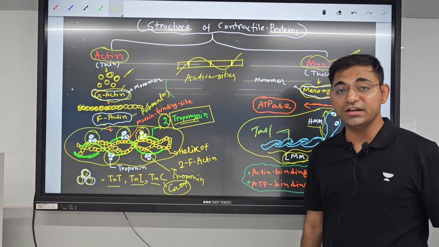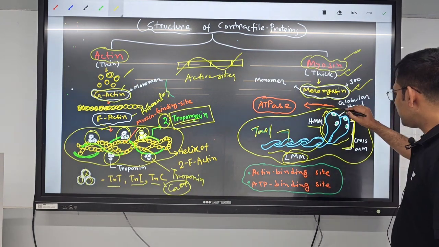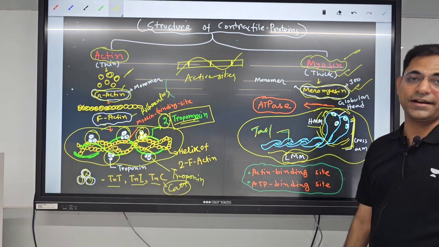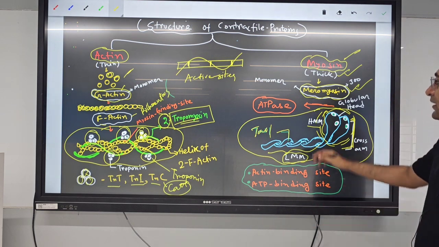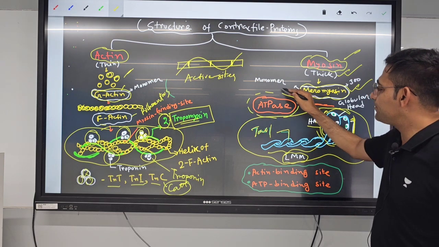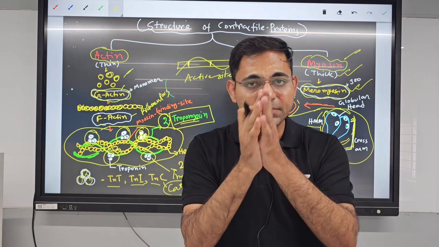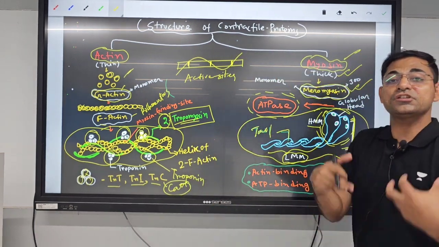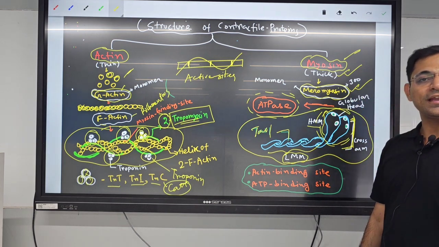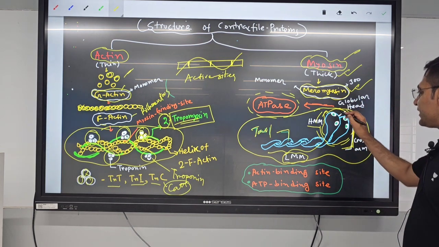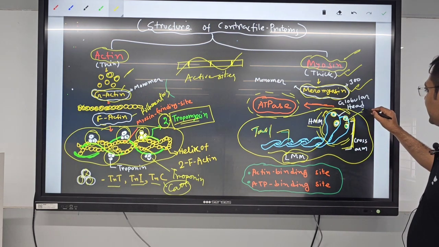Do not confuse it with cross bridge formation during muscular movement. Now we need to study the head. The head itself is an enzyme called ATPase. It has ATP-breaking capability in order to produce energy. So the globular head is basically acting as ATPase, and it has two sites, the ATP binding site.